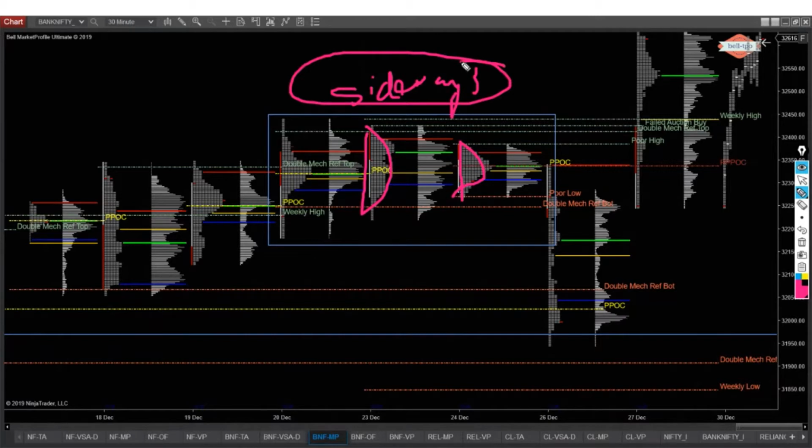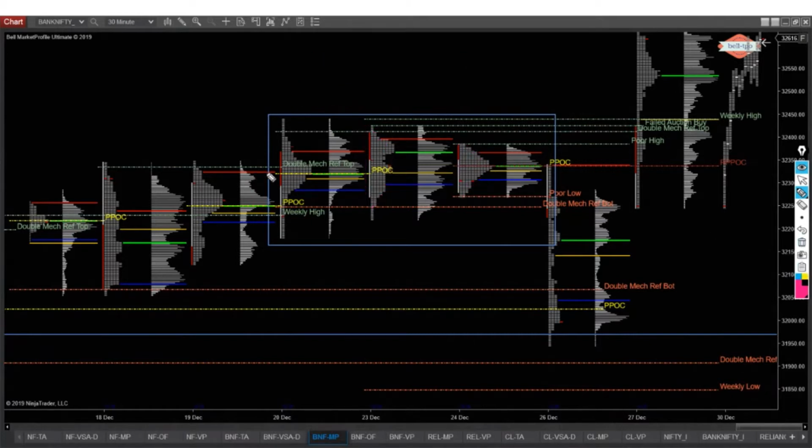Whenever you are seeing sideways movement, there are two things which are happening. First thing is the smart money. First of all, there will be a prominent point of control reference, which you will be able to spot. That is one way to identify.